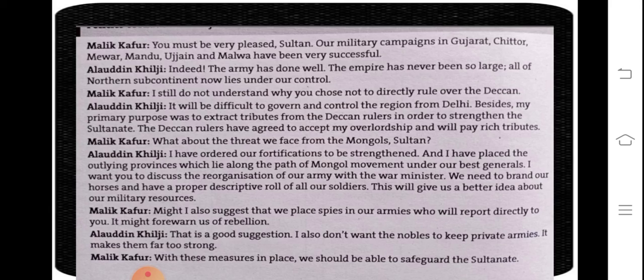Then again Malik Kafur asked, "What about the threat we face from the Mongol Sultan?" Alauddin Khilji replied, "I have ordered our fortifications to be strengthened, and I have placed the outlying provinces which lie along the path of Mongol movement under our best generals.